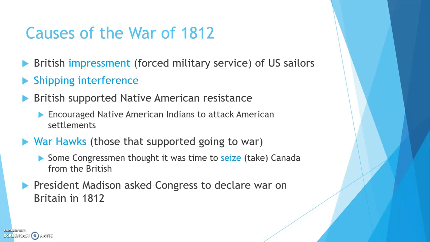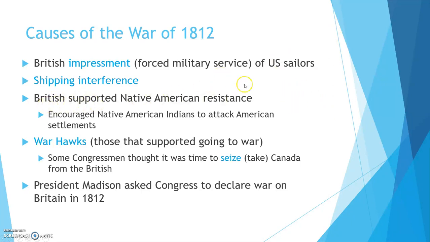This caused shipping interference, obviously, because they took those ships, and so they weren't able to deliver things. That's going to be one of the causes of the War of 1812, because James Madison finally says enough is enough. We have to defend what is going on, and we can't just let other countries do whatever they wanted to do.